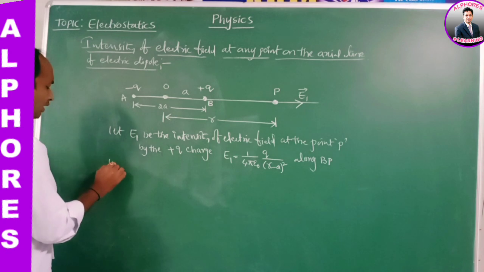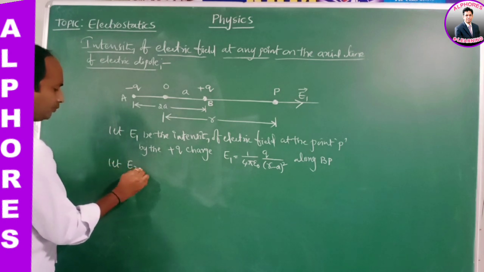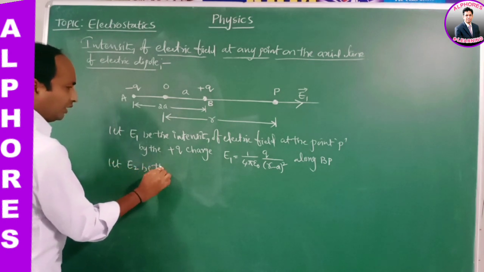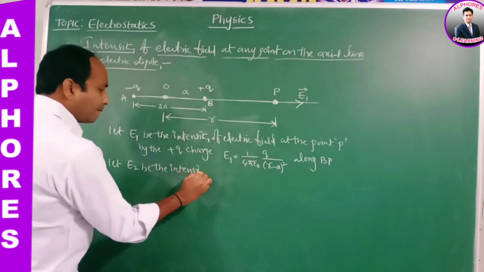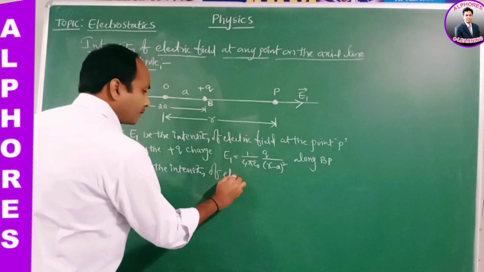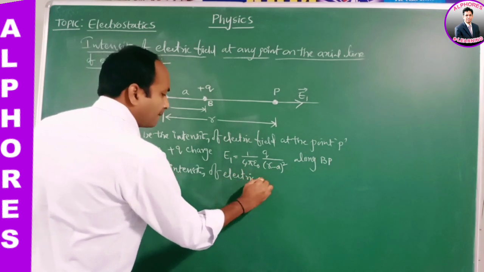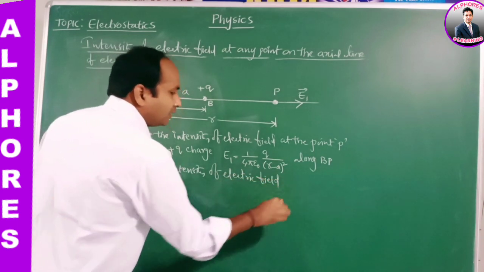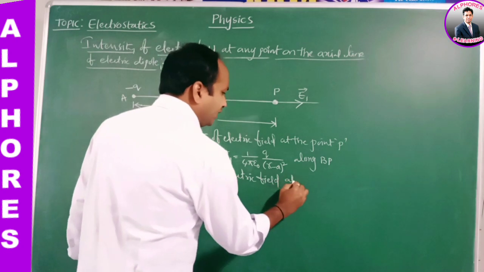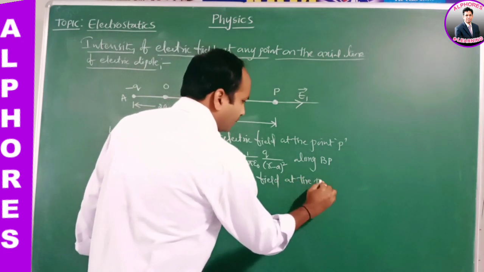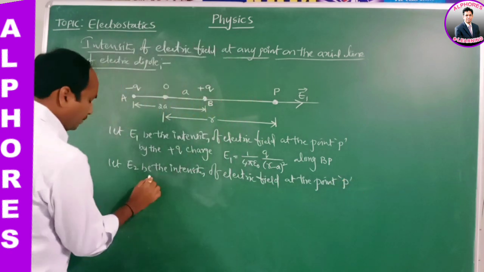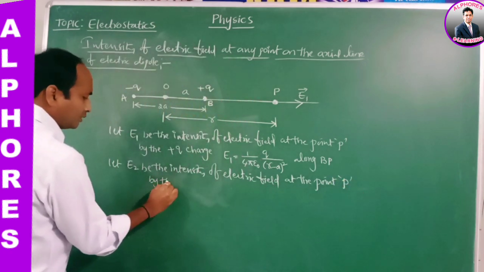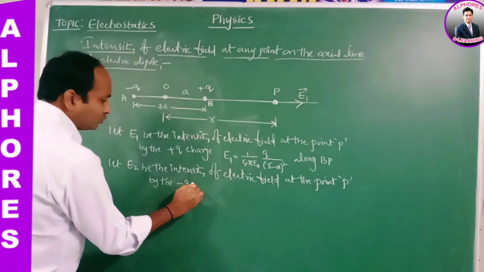Similarly, let E2 be the intensity of electric field at the point P by the negative charge, the minus q charge.